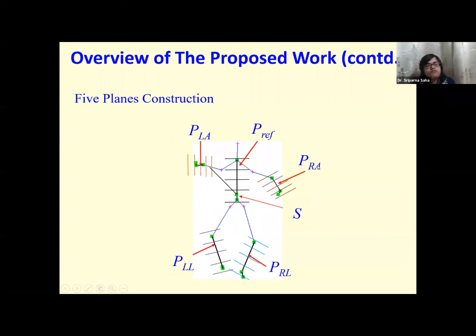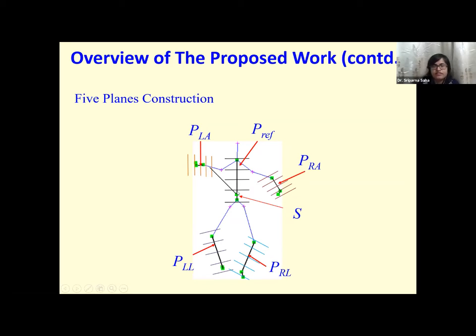This is the right arm plane, constructed by the joints over here. So this particular joint, this particular joint, and this particular joint from the right arm construct one particular plane. LL means the left leg. These are the joints, the knee, ankle, and foot, which are considered over here. Similarly, for the right leg, TRL is constructed.